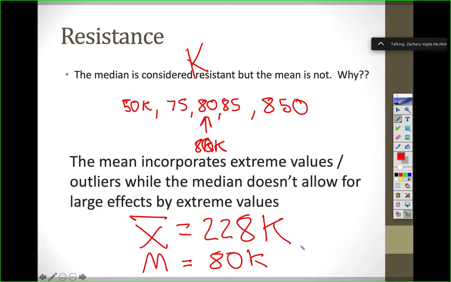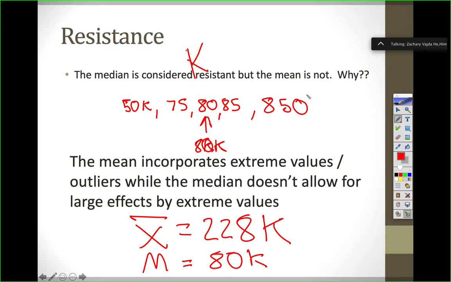If I had to think about which of these two numbers, 228 or 80, describes the center of the distribution, because that's what these two numbers are for, the center, would you say that in this doctor's office of 5 people, the center of the distribution is closer to 80,000 or closer to 228,000? It's probably going to be 80 because the mean incorporates large and small extreme values.